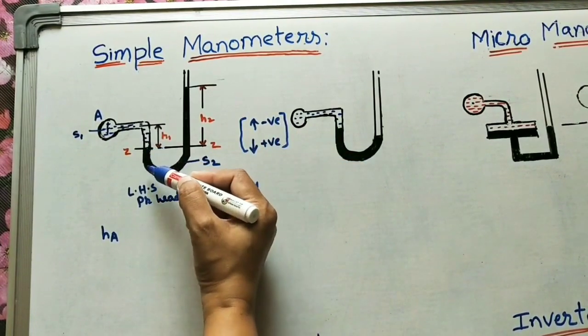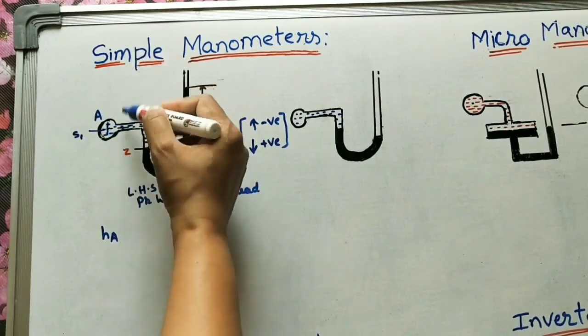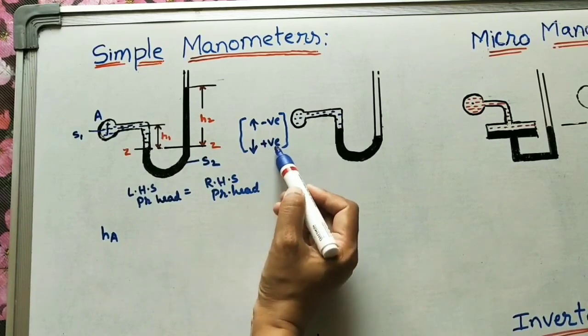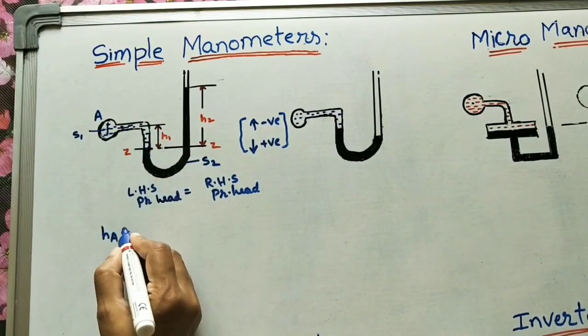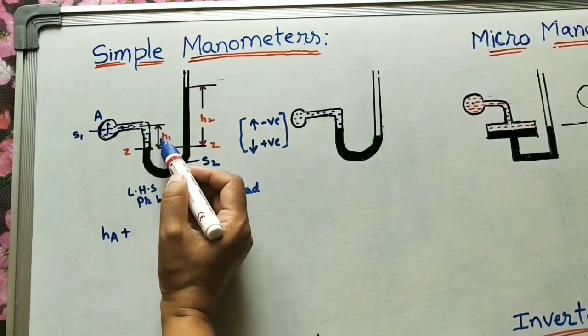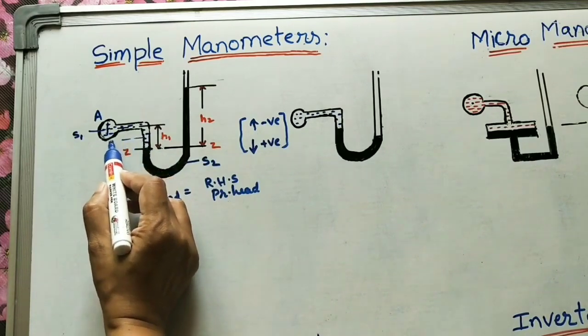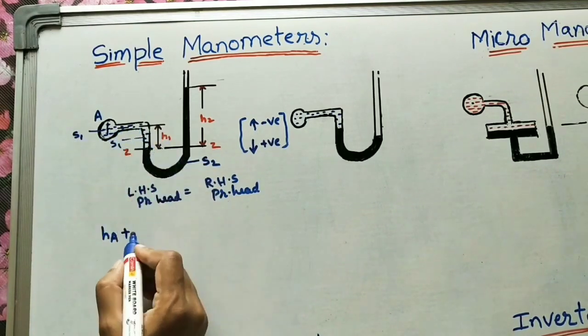If a height is above this, we will take negative. Below the bulb we are taking positive, means plus. So here, because of the height H1, we take the specific gravity of this as S1. Already I have marked here S1 H1.